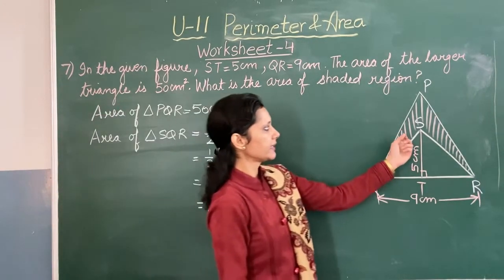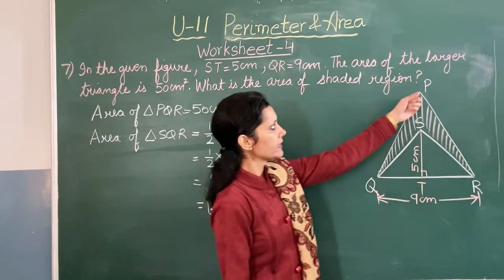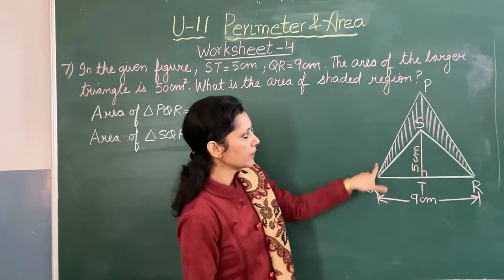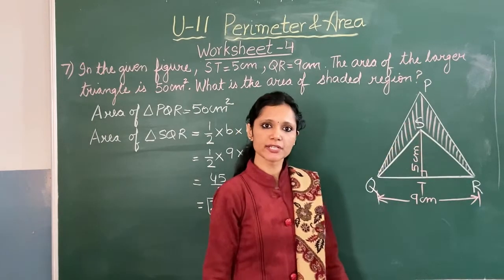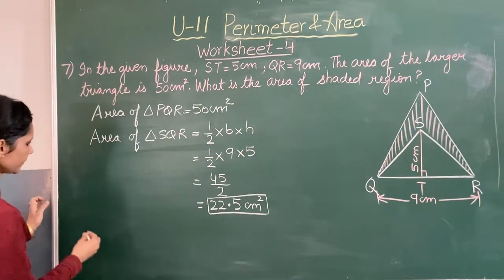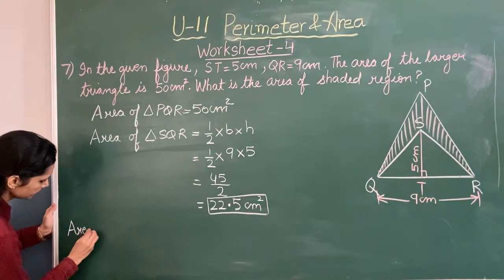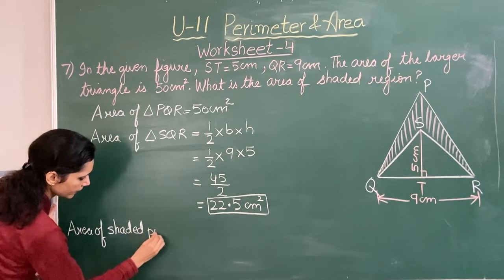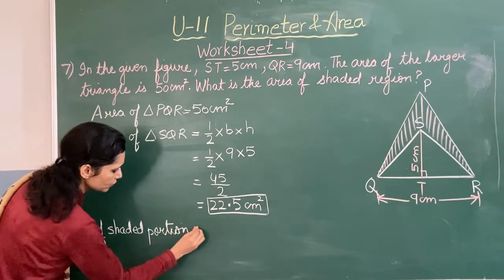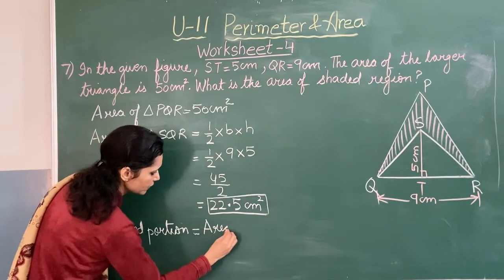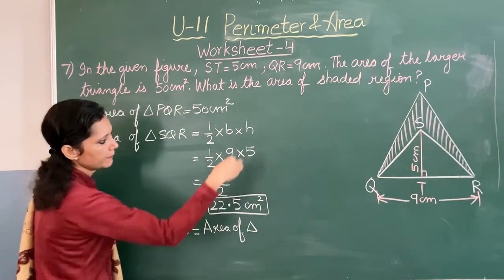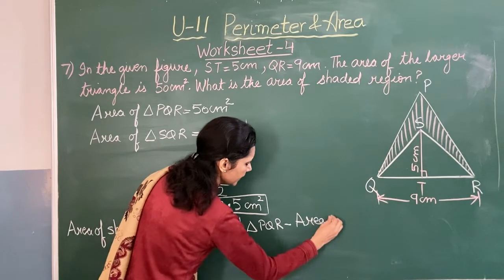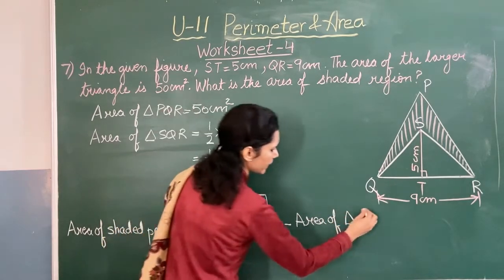Now in order to find the area of this shaded portion, if we subtract the area of the smaller triangle SQR from the bigger triangle, we would get the area of the shaded portion. So hence we would say area of shaded portion would be equal to the area of the bigger triangle, that is triangle PQR, minus the area of the smaller triangle, that is triangle SQR.